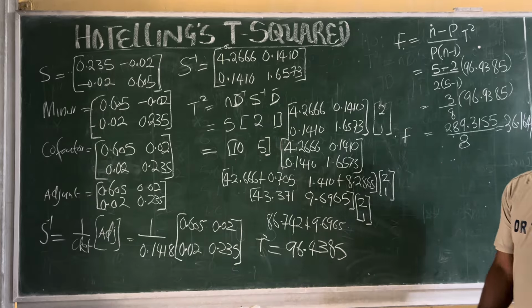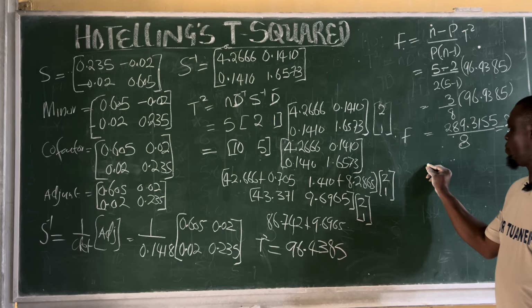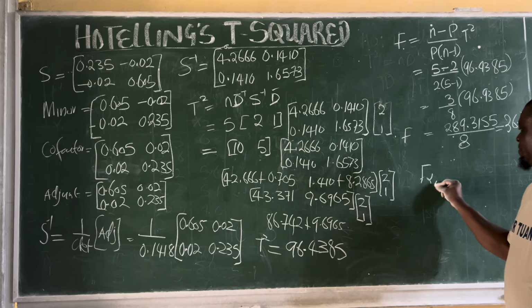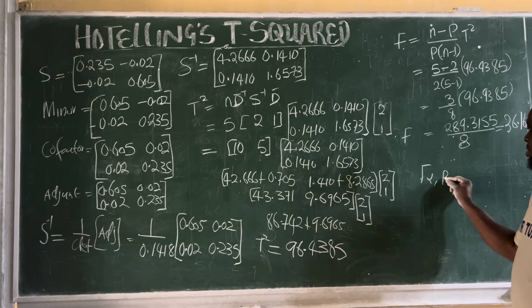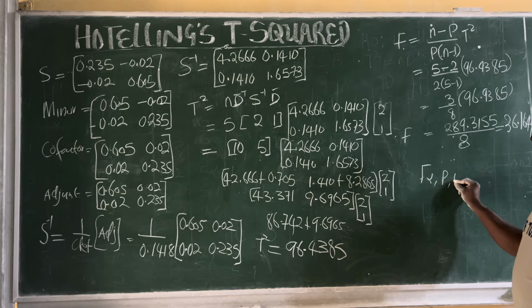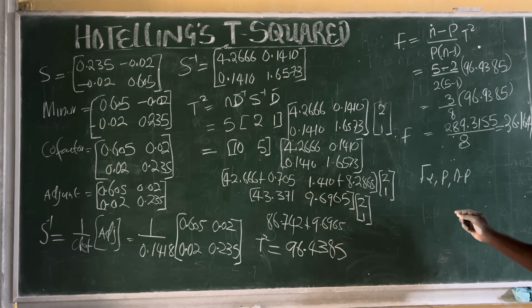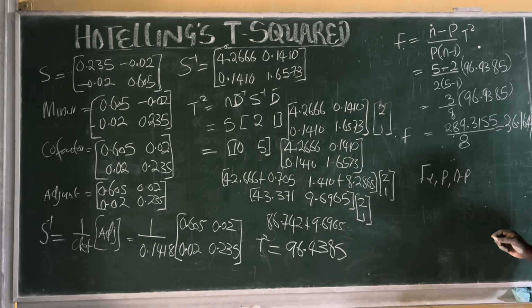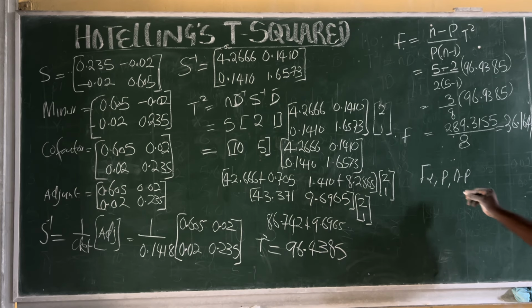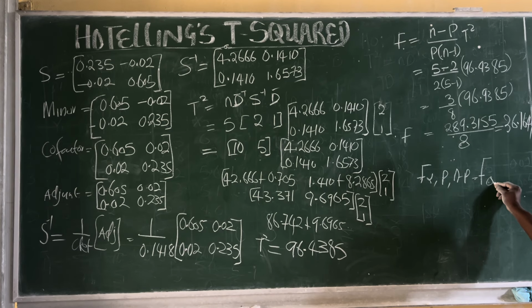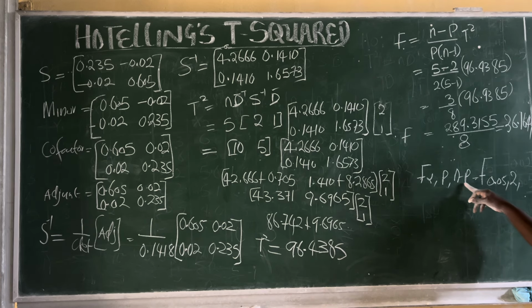Now, the critical F will be obtained from F alpha, p, and then n minus p. So we have F, the alpha is 0.05, p is the parameter, which is 2, n minus p, which is 3.